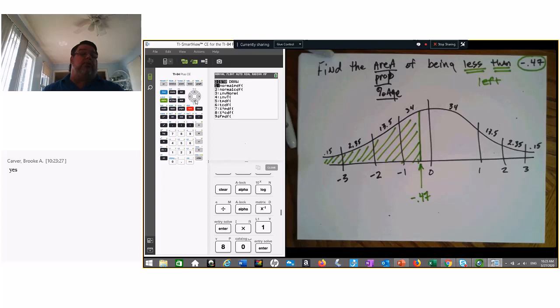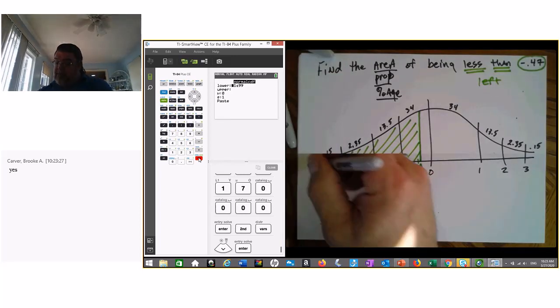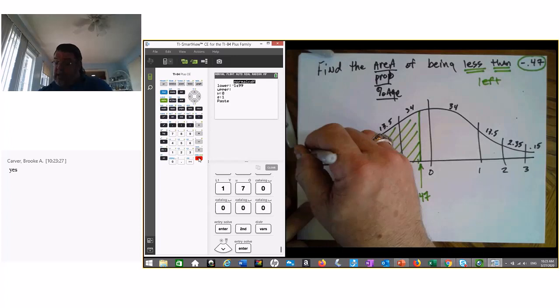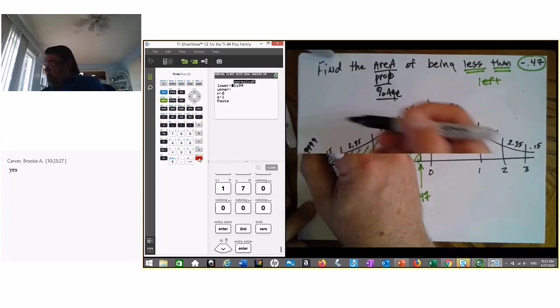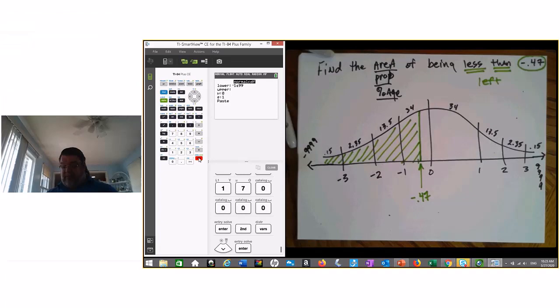So I'm going to go down to normal CDF. And don't forget that this arrowhead down here is called negative infinity, which is negative 9999. And this arrowhead up here is positive 9999. Okay? So we read from left to right.